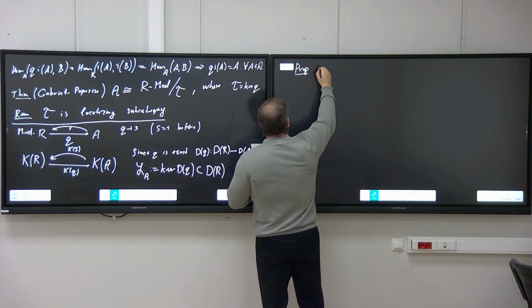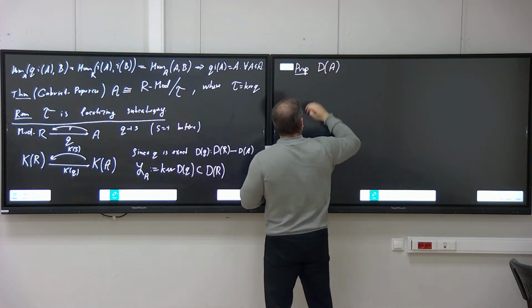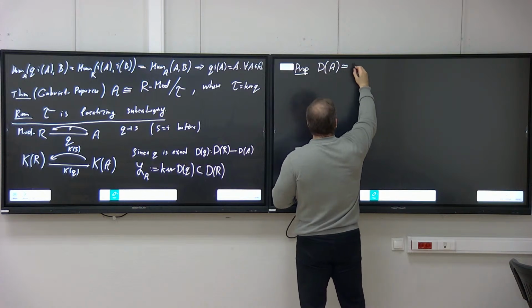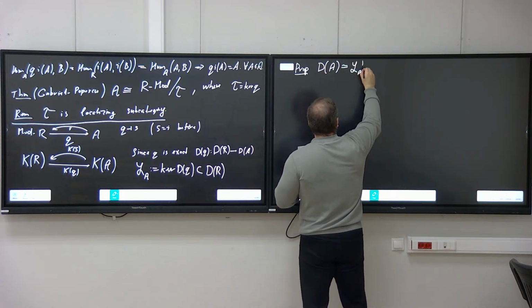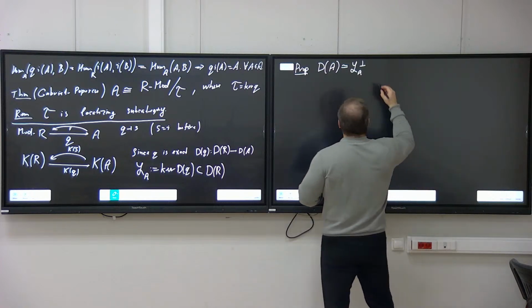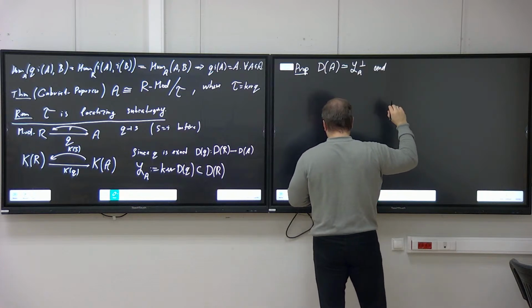Well, the claim is that the derived category of the Grothendieck category A is equivalent to the right orthogonal to this L sub A. And also, there is a second claim, which is actually more important.